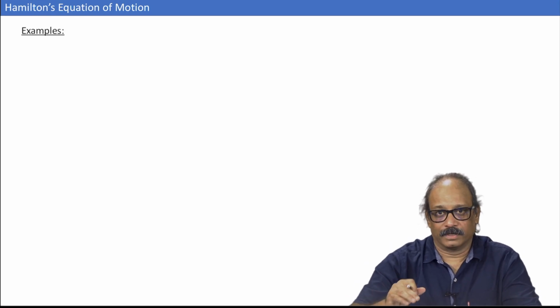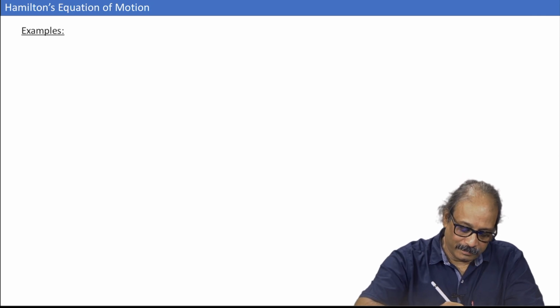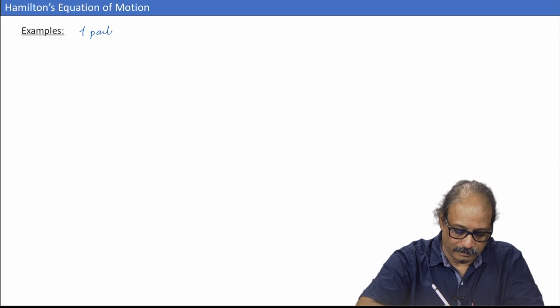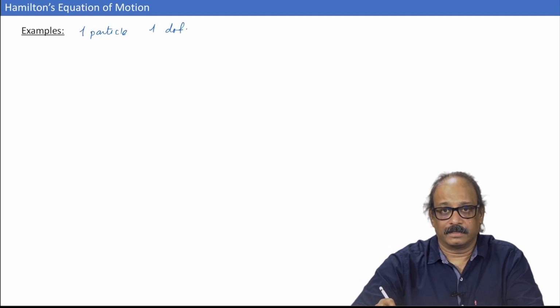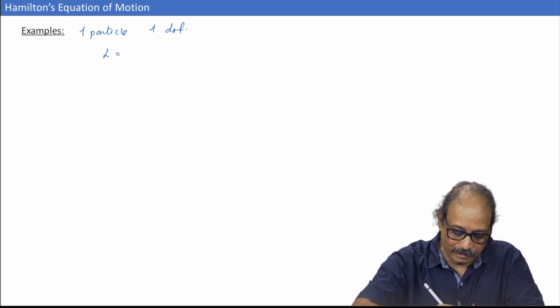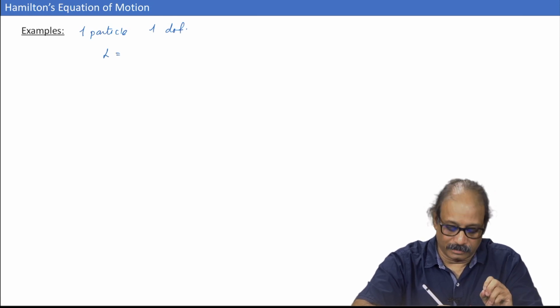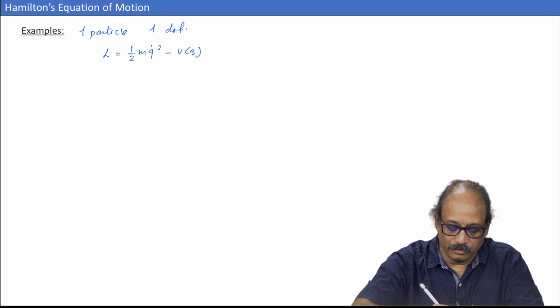Now, I will take a few simple examples. Let me just take one particle with 1 degree of freedom, okay, and the Lagrangian is given by, remember in this case there is only one variable, half m q dot square minus some u of q.